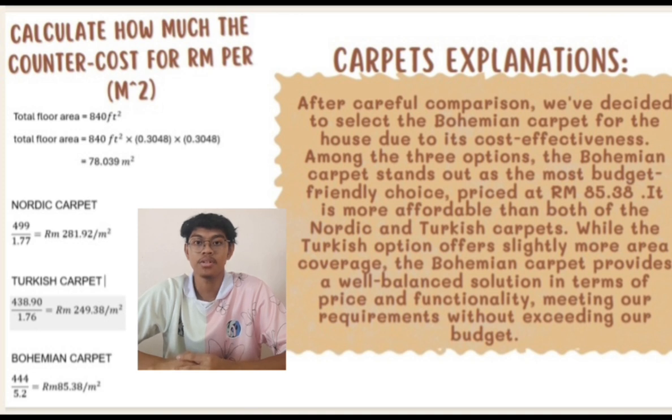It is more affordable than both the Nordic and Turkish carpets, while the Turkish carpet option offers slightly more area coverage. The Bohemian carpet provides a well-balanced solution in terms of price and functionality, meeting our requirements without exceeding our budget.